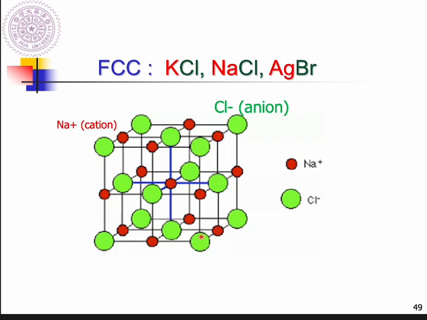You have 8 at the corners and 6 at the face centers. And the red one, the small one, is the sodium cation, so it will also be FCC. Take a look here, it is the typical FCC structure as well. So it's double FCC structures for all these ionic materials.